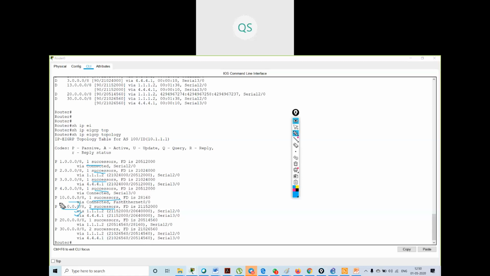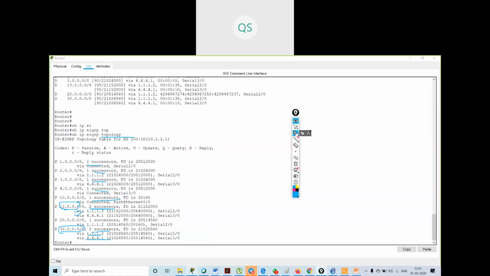These are the loopbacks of my R3 router; the 30.0.0.0 network is for my R3 router. I have two routes, via the 1.0.0.0 network and via the 4.0.0.0 network. So all the successor information will be in the topology table. Understood? Got it?